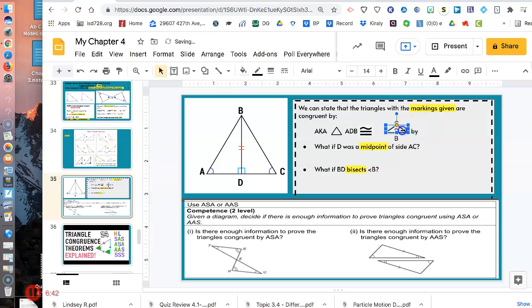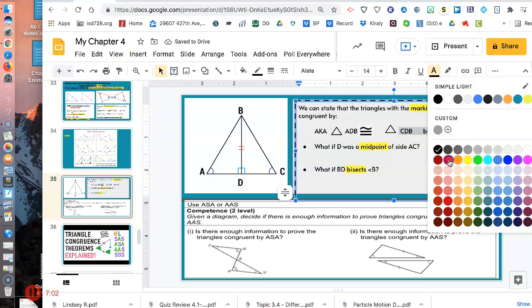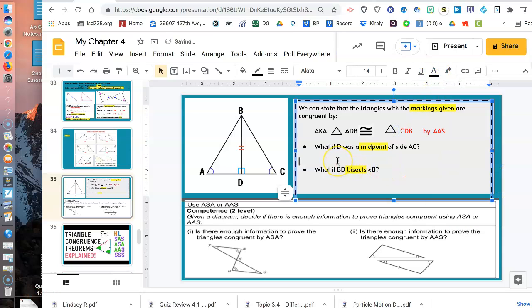Oops, sorry. Looks like I need to stretch that text box out a little bit, huh? Let's get rid of that. Triangle CDB by our new guy, angle, angle, not included side. So that's nice and easy, but I want to talk about some old reasons as well.